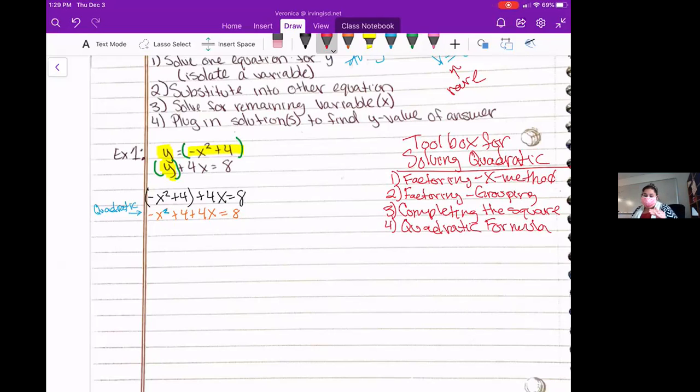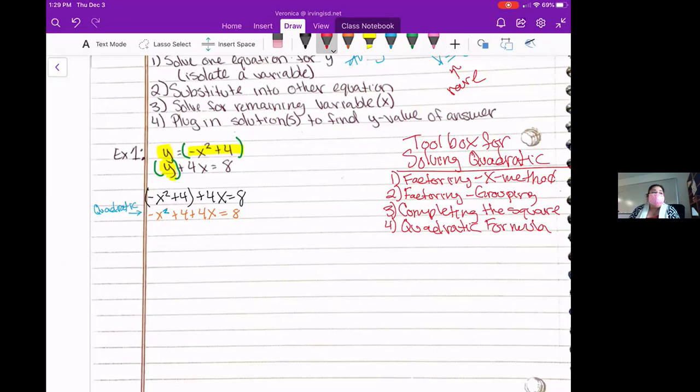So looking at this particular example, negative x squared plus 4x equals 8, we already know that it doesn't matter which one of these methods I choose to use, they all have to be set equal to 0, right? And they have to be in standard form. Okay, so let's go on ahead and do that.